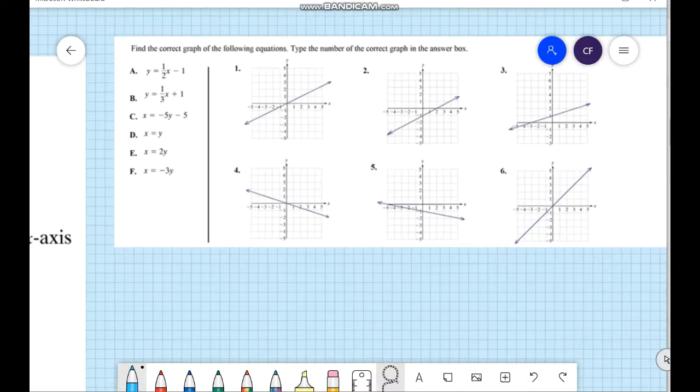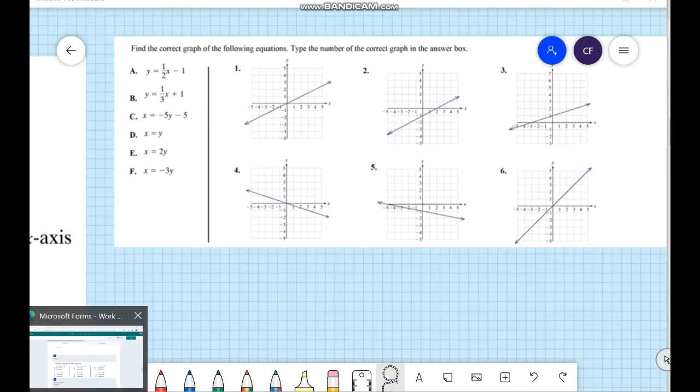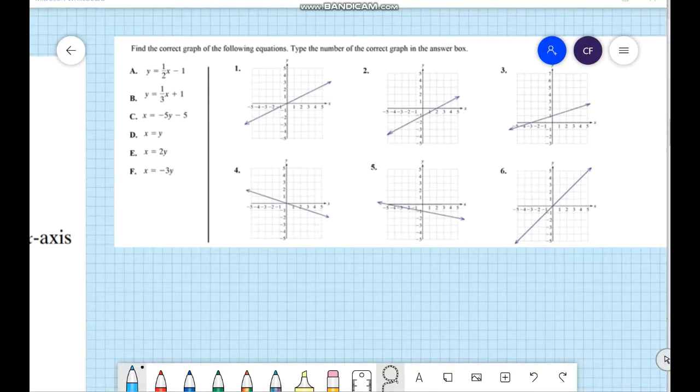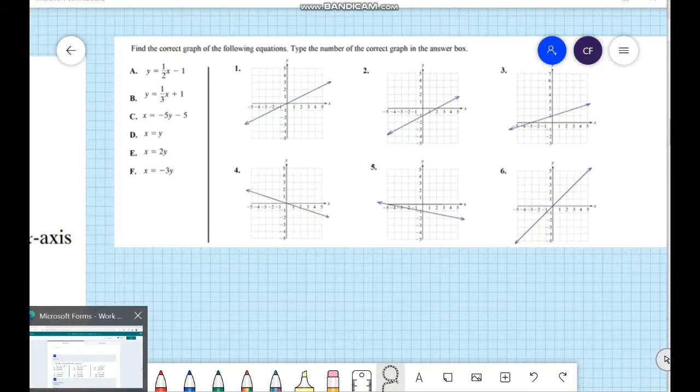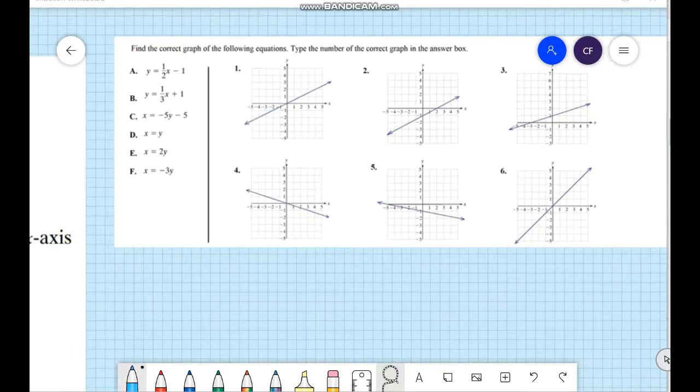We have the equations here, A, B, C, D, E, and F, and you have to find the correct graph. On the Microsoft Forms, you're going to fill out the number of the graph, 1, 2, 3, 4, 5, or 6, okay?